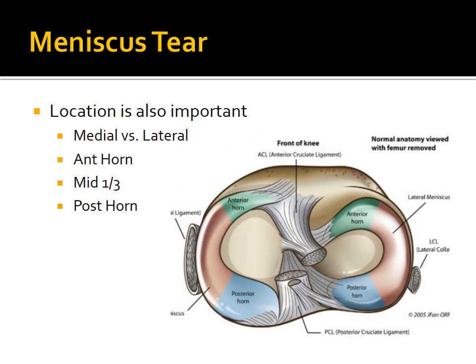Most of the degenerative changes in the meniscus actually occur in the middle third, so this is the most common location for meniscus tears to happen. Anterior horn tears tend to be symptomatic when the knee is in a fully extended position, because that's when that part of the meniscus is loaded.